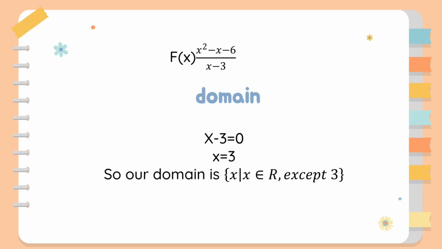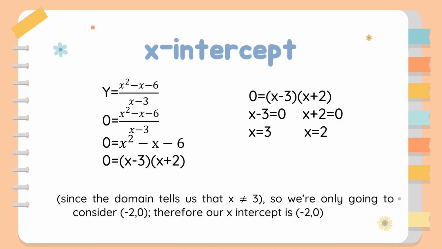Our first example, f of x equals x squared minus x minus 6 over x minus 3, where for the domain, x minus 3 equals 0 is x equals 3. So our domain is x such that x is an element of real numbers except 3. X-intercept: y equals x squared minus x minus 6 over x minus 3. 0 equals x squared minus x minus 6 over x minus 3, which we're going to cross multiply, 0 and x minus 3.